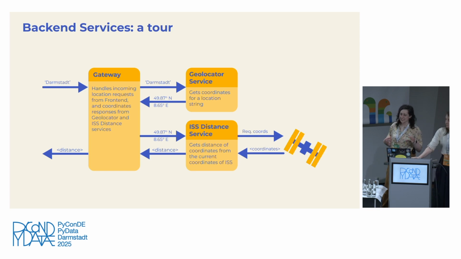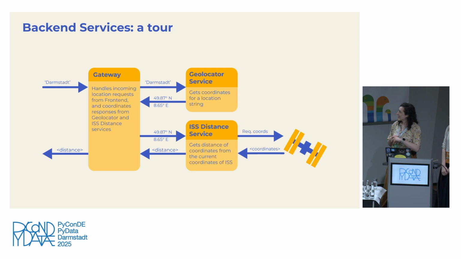Under the hood, this application is comprised of 4 microservices. The first is a front end with a simple UI that you'll interact with via the browser. The second is a gateway service, which handles the incoming requests from the front end and then coordinates responses from the geolocator and ISS distance service.